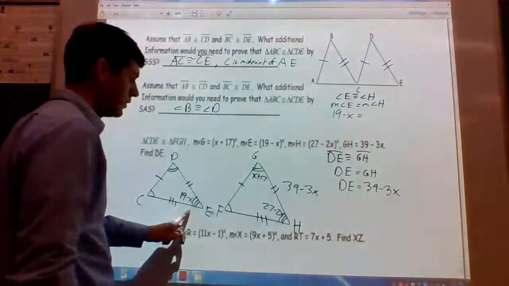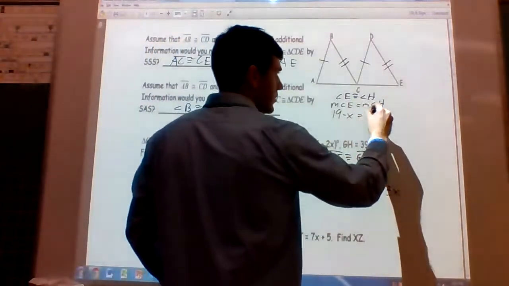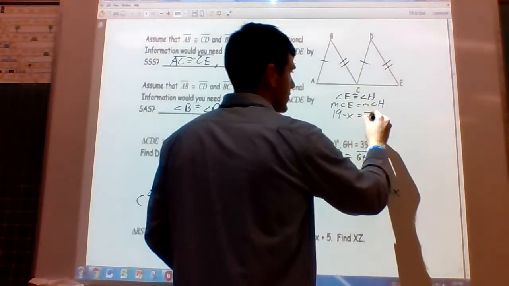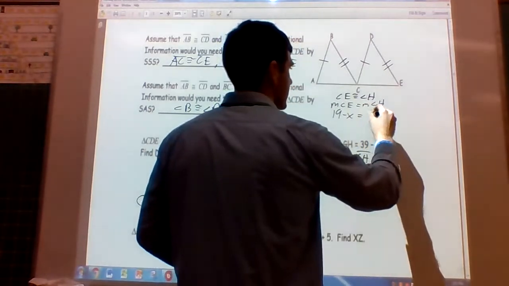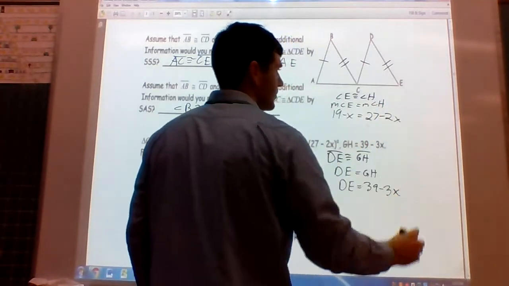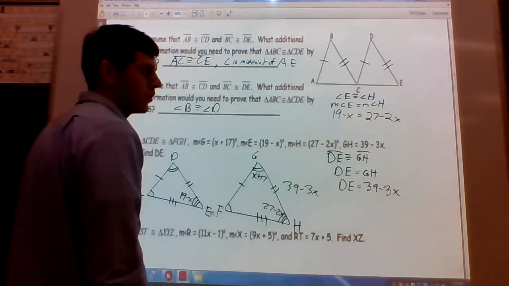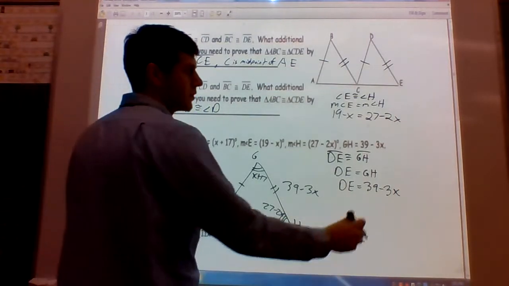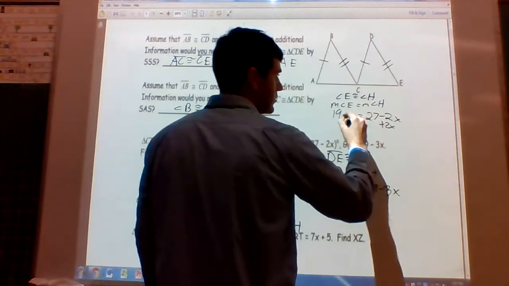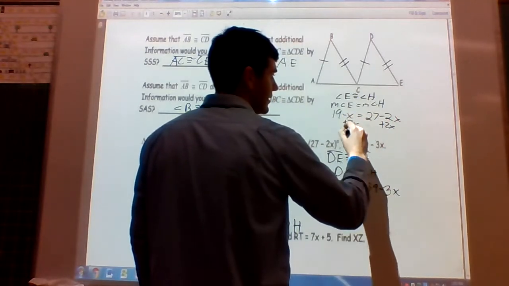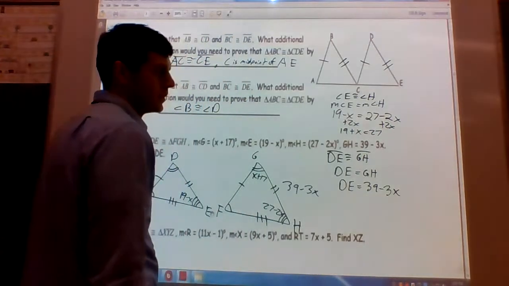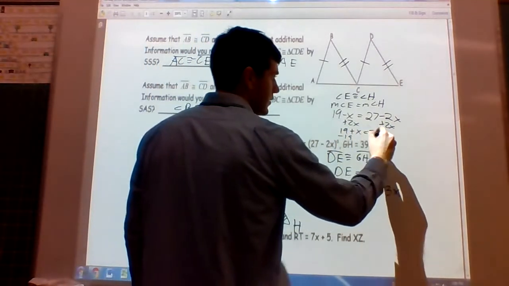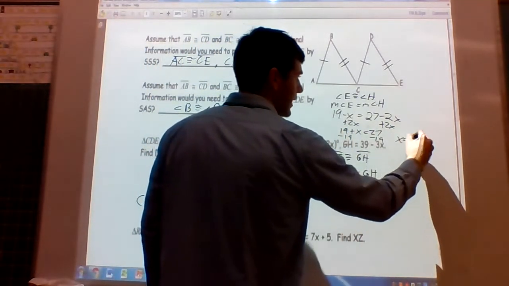The measure of angle H is 27 minus 2x. So now we just have to solve our linear equation, and it will tell us what x is. So we add 2x to both sides. We get 19 plus x equals 27. Subtract 19. We get x equals 8.